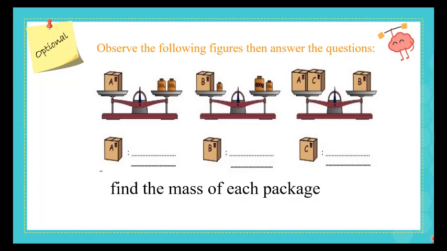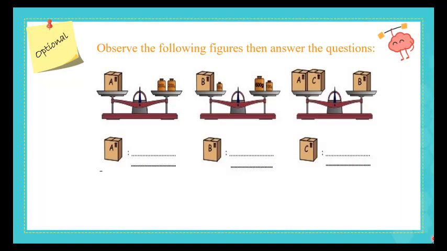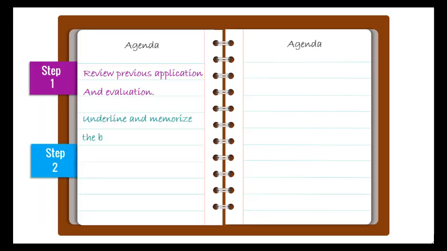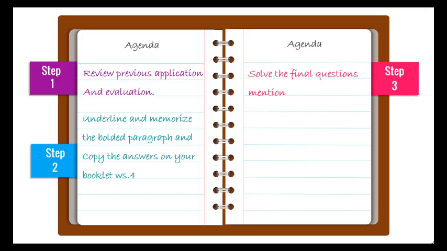Study the lesson well, then try to solve them. I want you to review the previous applications and the evaluation. Underline and memorize the bolded paragraph and copy the answers on your booklet worksheet 4. It's optional to solve the final questions mentioned in this video.